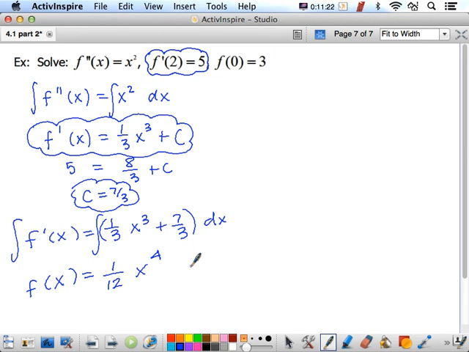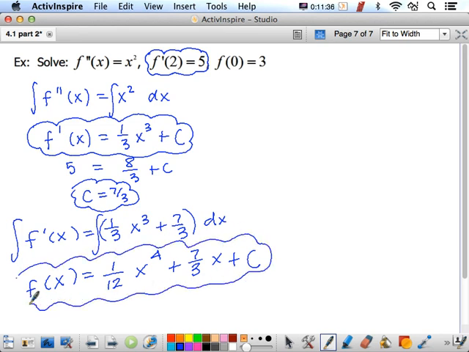So that is our general solution. And now we can substitute 0 for x and 3 for f of x. So we have 3 equals 1/12 times 0 to the 4th plus 7/3 times 0 plus the constant.